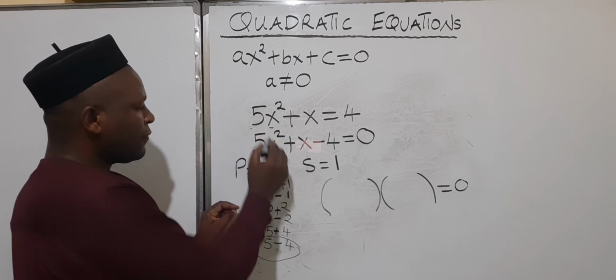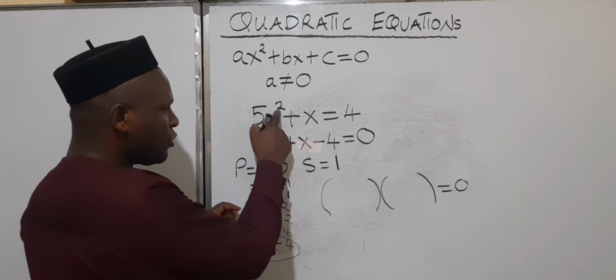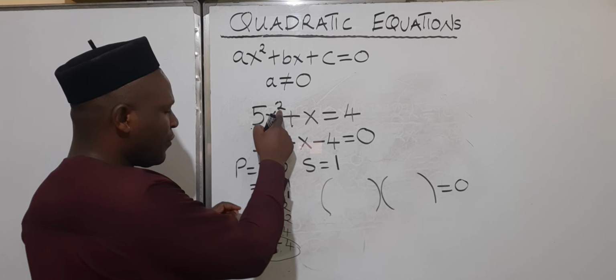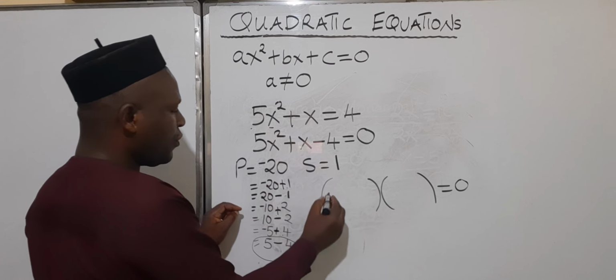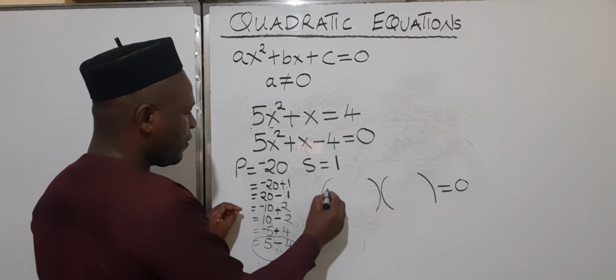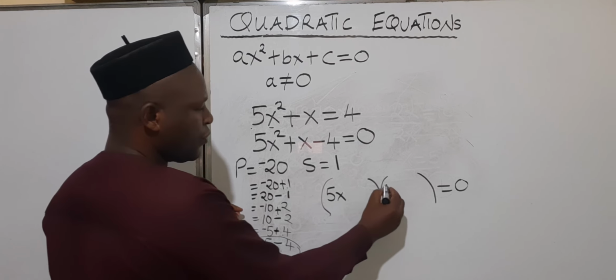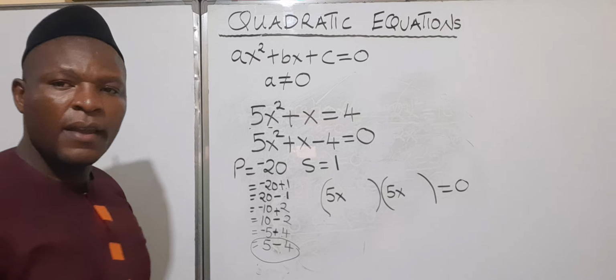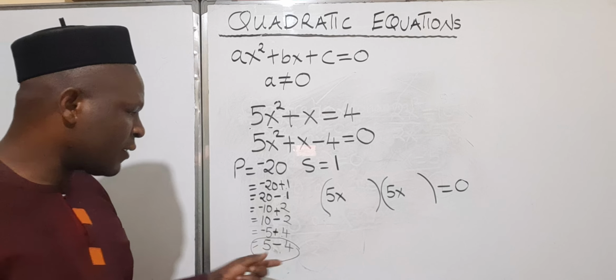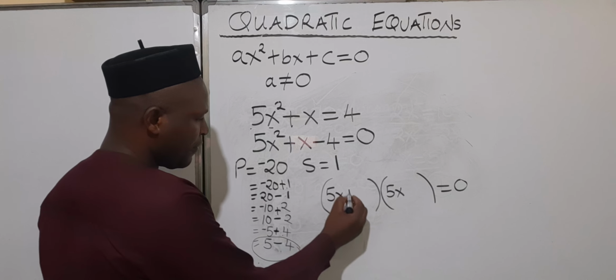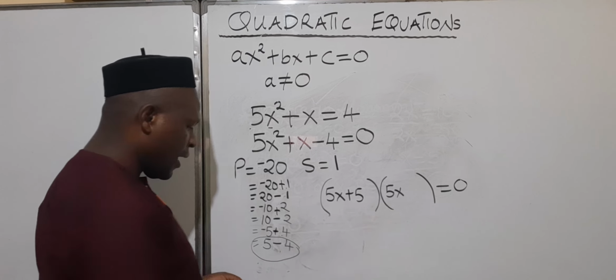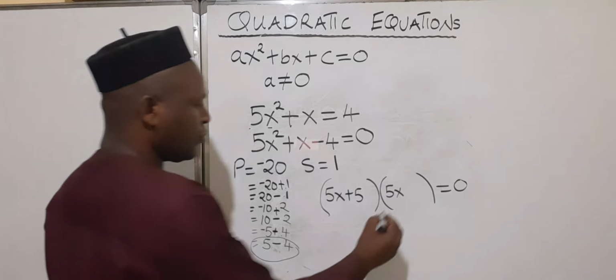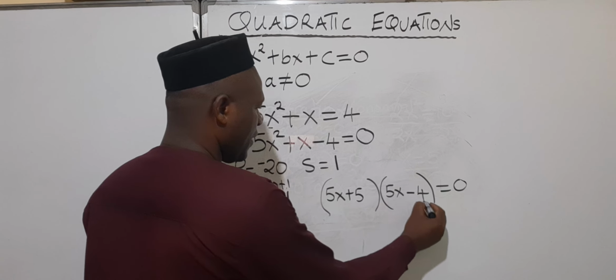So here, you just drop 1 from the 2. It means you are going to have 5x and you also write on this one 5x. Okay? What are those two factors? Positive 5 and the negative 4, like this.